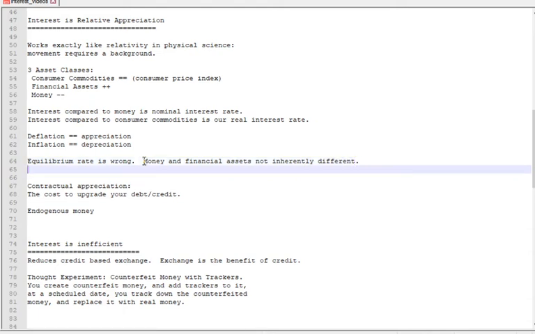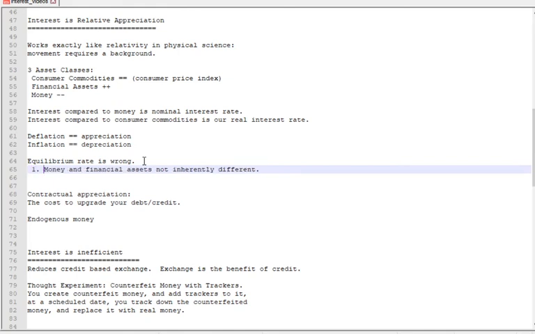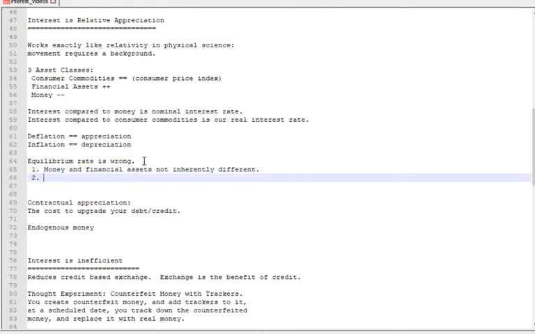And the second reason why the equilibrium rate is wrong is because money and financial assets do not inherently have an opportunity cost.